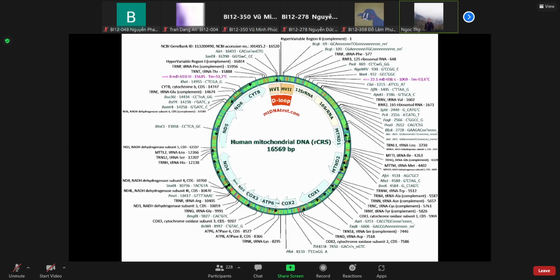Under the effect of weather, UV light and rain, most of the nucleus DNA was damaged, but the mitochondrial DNA is quite stable, so it remains in the bone and teeth. Scientists can compare this DNA fragment with the genetic background from the mother's side to make sure the soldier belongs to the family.